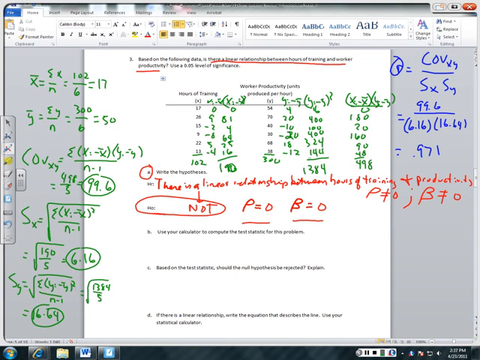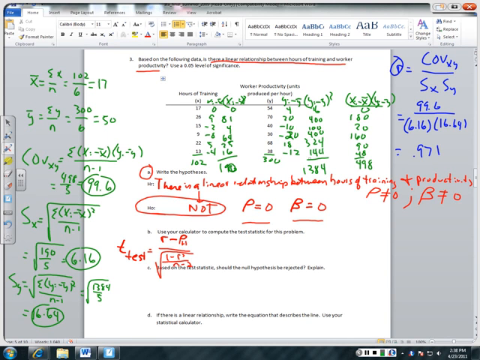I'm going to use the calculator in a second, but before I do, let's compute the t-test given the other stuff that we have here. The t-test is going to equal the statistic minus the hypothesized parameter, the sample correlation minus what's hypothesized in H0, divided by the standard error, which is the square root of 1 minus r squared, divided by n minus 2.